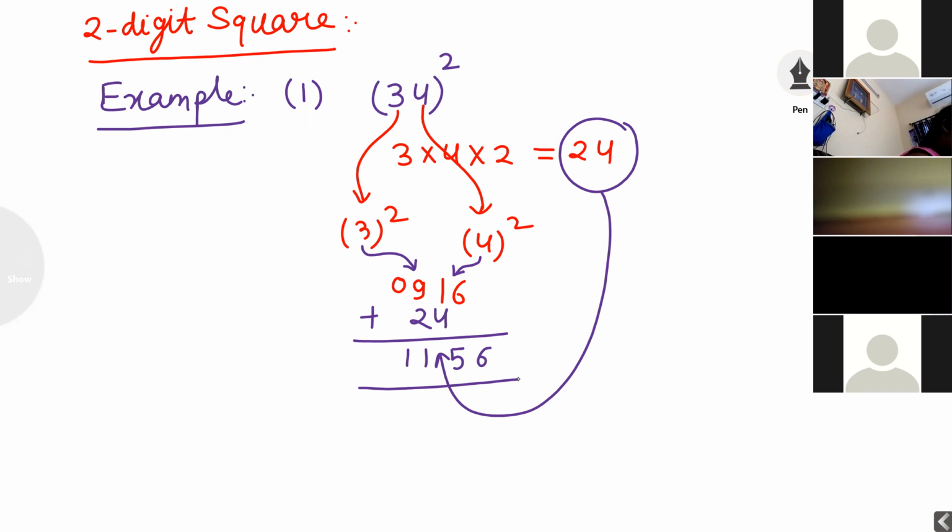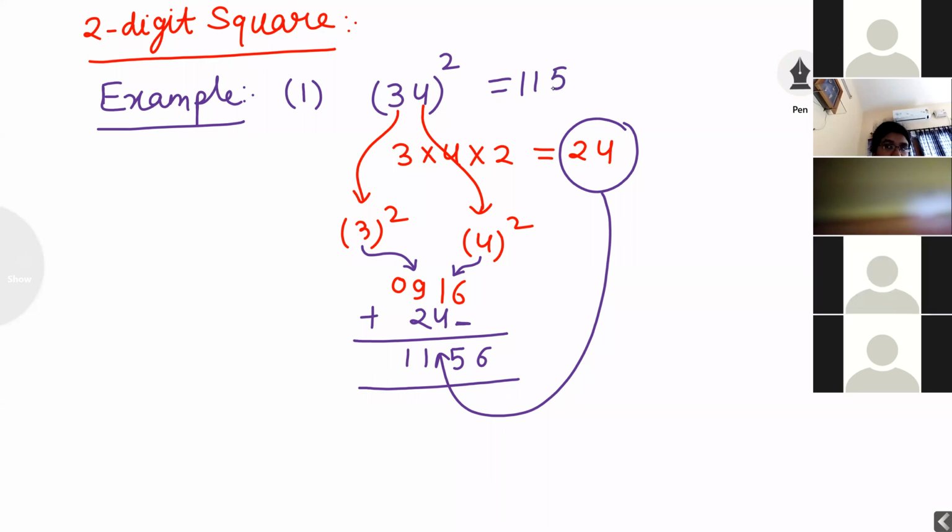The square of the tens place, 3, is 9, but I want to make it 2 digits, so 09, and then 16. Now the number I multiplied, 24, I bring down, but I keep the ones place blank. Always keep in mind, keep the ones place blank, and write the remaining digits 4 and 2 here. After that I add, and the answer has come 1156. Don't write, listen carefully.